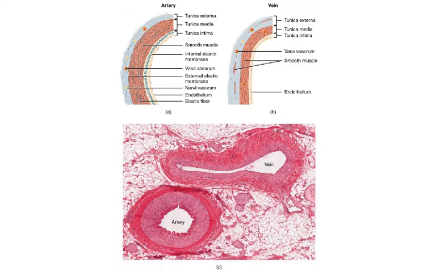And then of course you see the diagrammatic view of the wall. On the top is the tunica externa, the tunica media, and the tunica intima. Similarly, you've got to see there's the lumen, and you've got all these. So this is the endothelium, and then there is smooth muscle in the wall, and of course outside is the tunica externa, which contains elastic tissue.